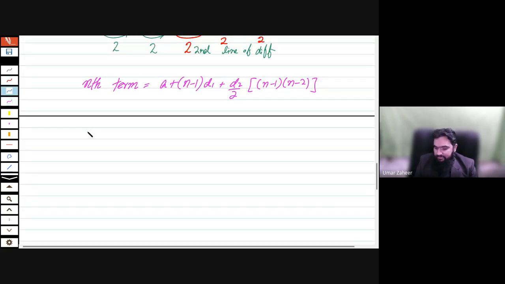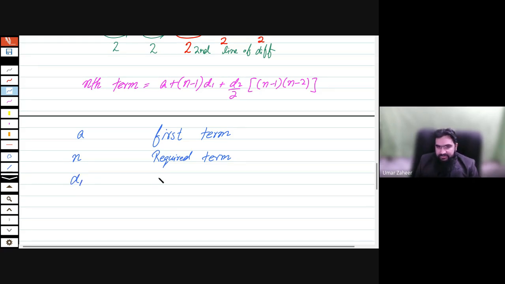Now, what is a here? A is the first term of the sequence. n is the required term. The third one is d1.